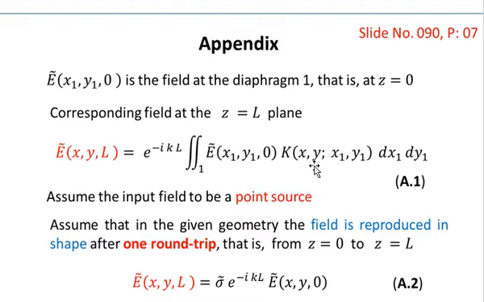Kappa is actually the propagation kernel. Here we are assuming, as we have done in the slide number 83, for the solution of this integral that the input field is a point source represented by a delta function. So we are not going into that detail.